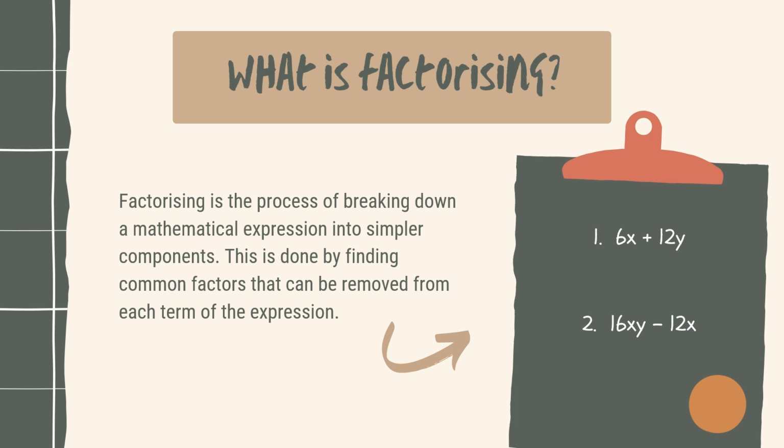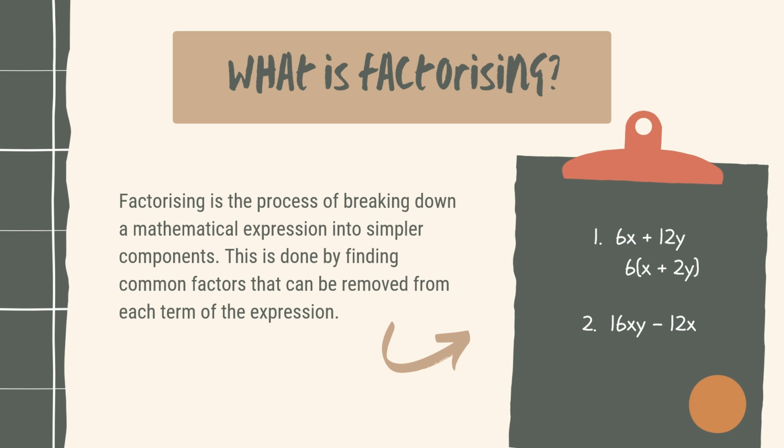For example, first we've got 6x plus 12y. From this expression, we can see that the common factor we can remove from each term is 6.